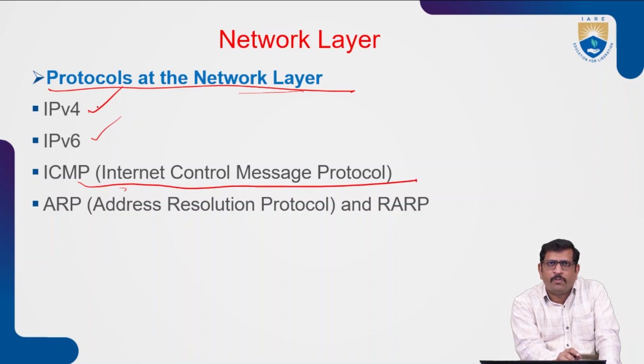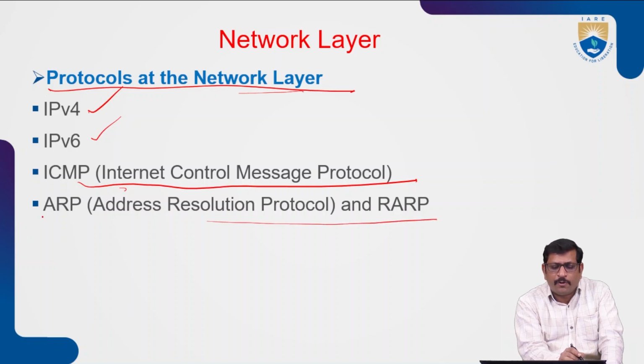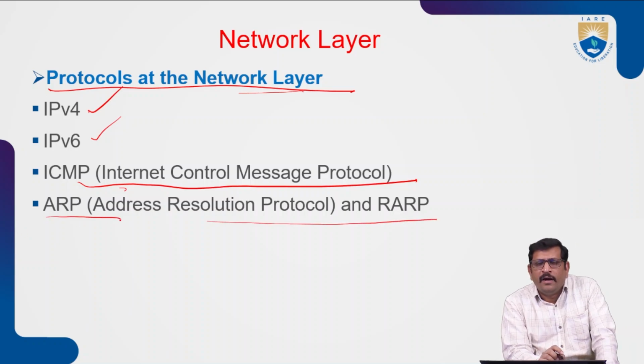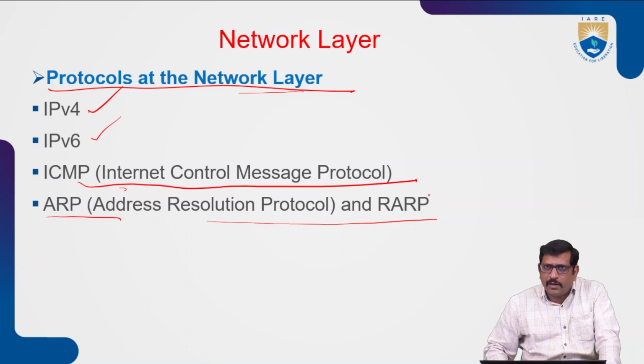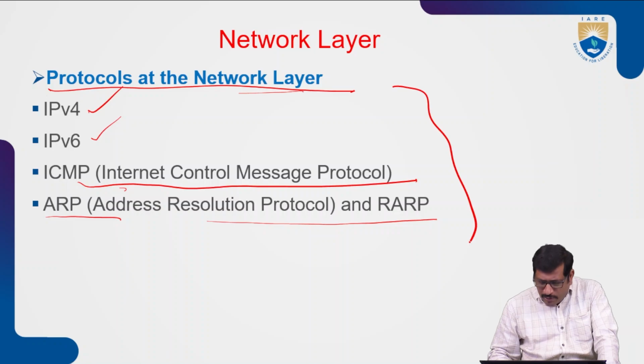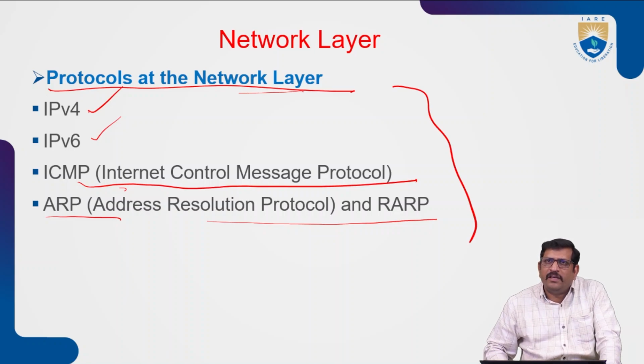IPv4 is Internet Protocol version 4. IPv6 is an enhancement of IPv4. And then the ARP protocol, Address Resolution Protocol, and the RARP protocol. These protocols can be utilized at the network layer for data transmission from the sender to the receiver.